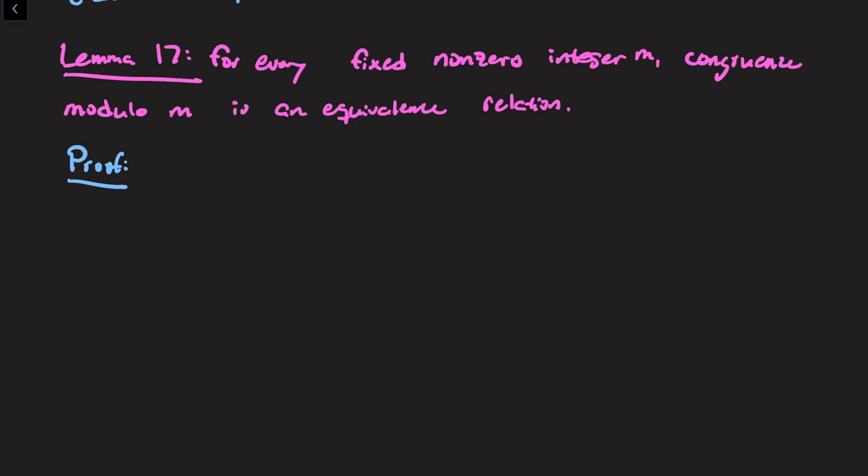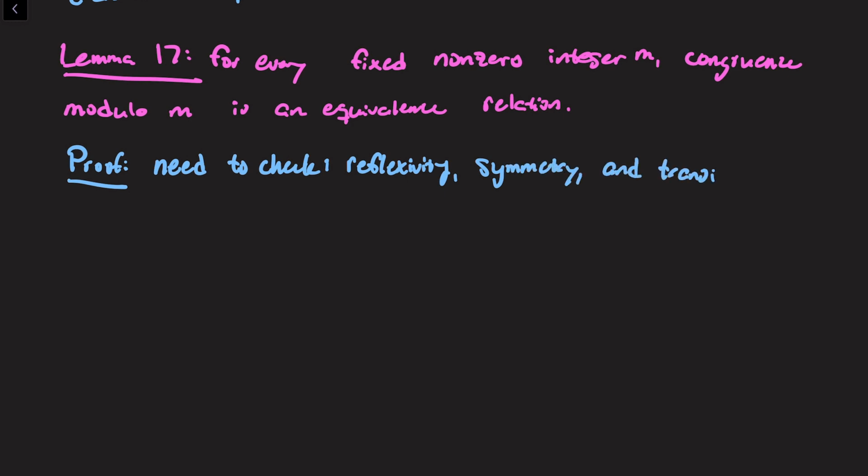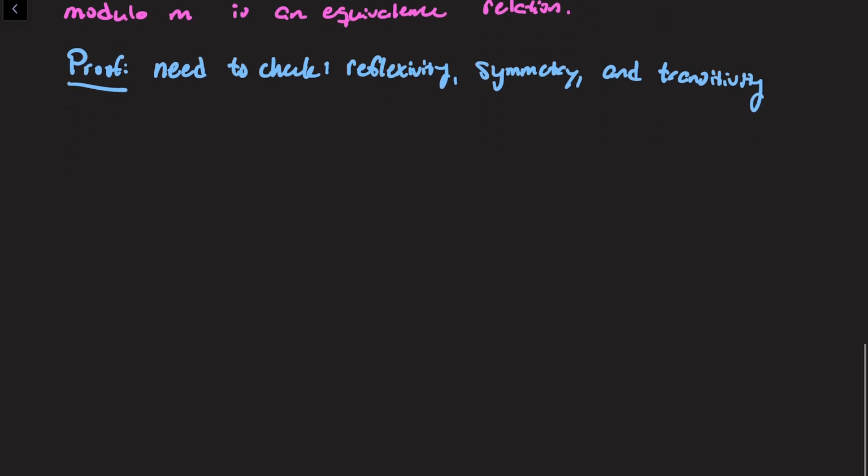So we need to check 3 things: reflexivity, symmetry, and transitivity. All right, so reflexivity, number 1.